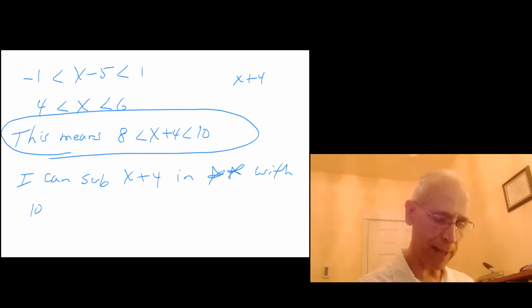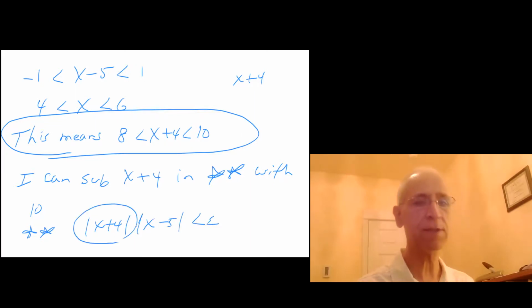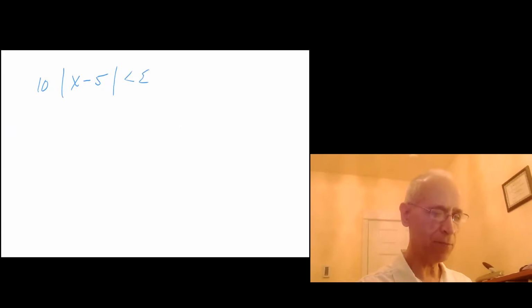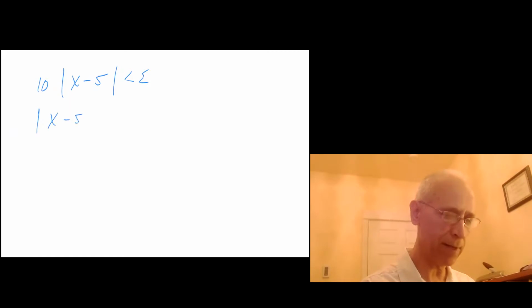And so remember that in star star, I have the absolute value of x plus 4 times the absolute value of x minus 5 smaller than epsilon. Now I can exchange that with my 10. Going to the next page, I'm going to write 10 times the absolute value of x minus 5 is smaller than epsilon. Dividing both sides by 10, I get the absolute value of x minus 5 is smaller than epsilon over 10. Okay.